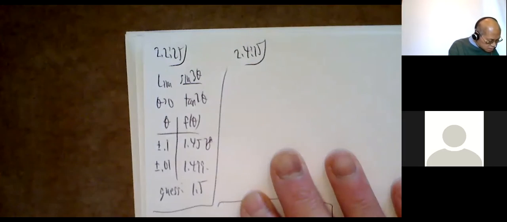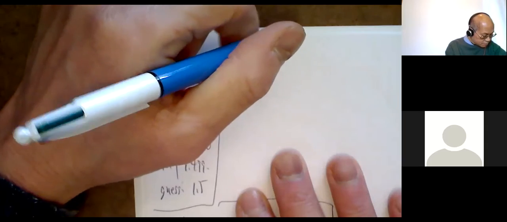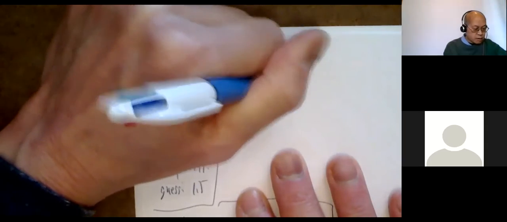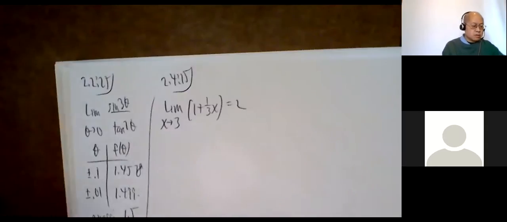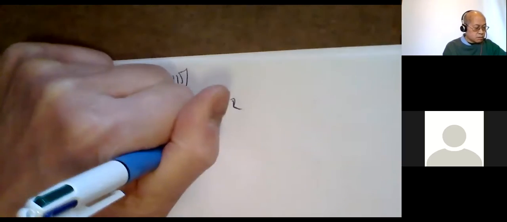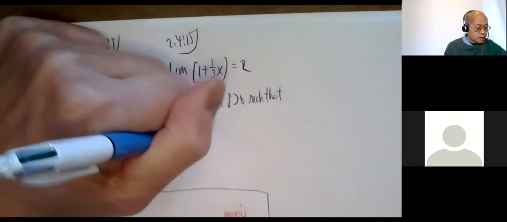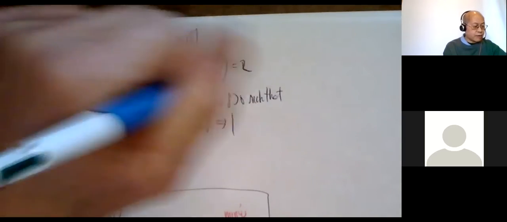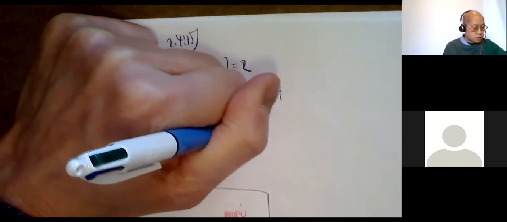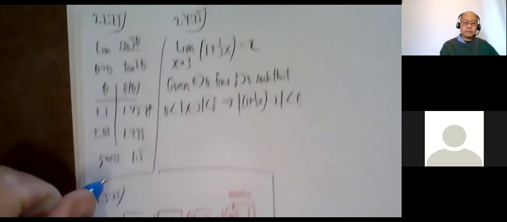2.4.15. The limit as x approaches 3 of 1 plus 1/3 x equals 2. You always start with the same language. Given epsilon greater than 0, find delta greater than 0 such that 0 less than the absolute value of x minus 3 less than delta implies the absolute value of f of x minus the limit, which is 2, is less than epsilon.